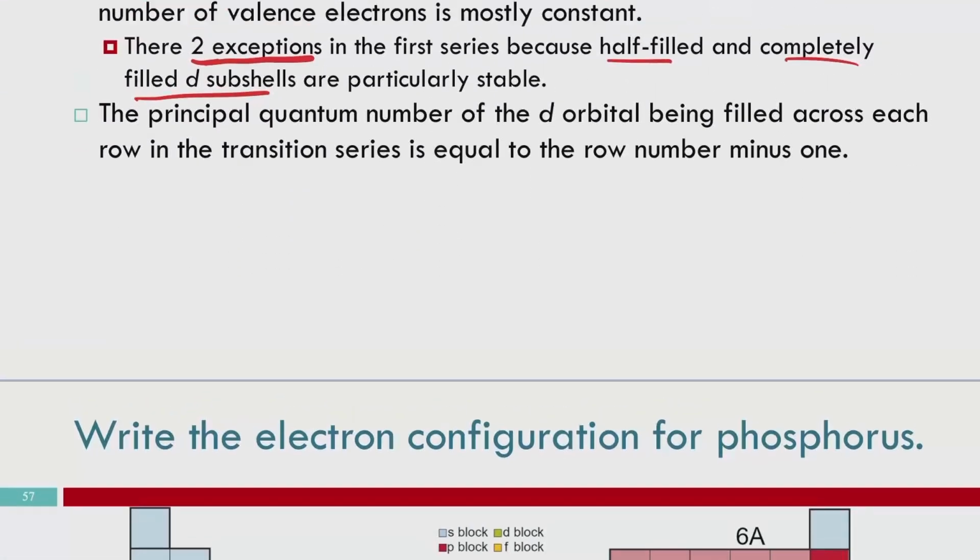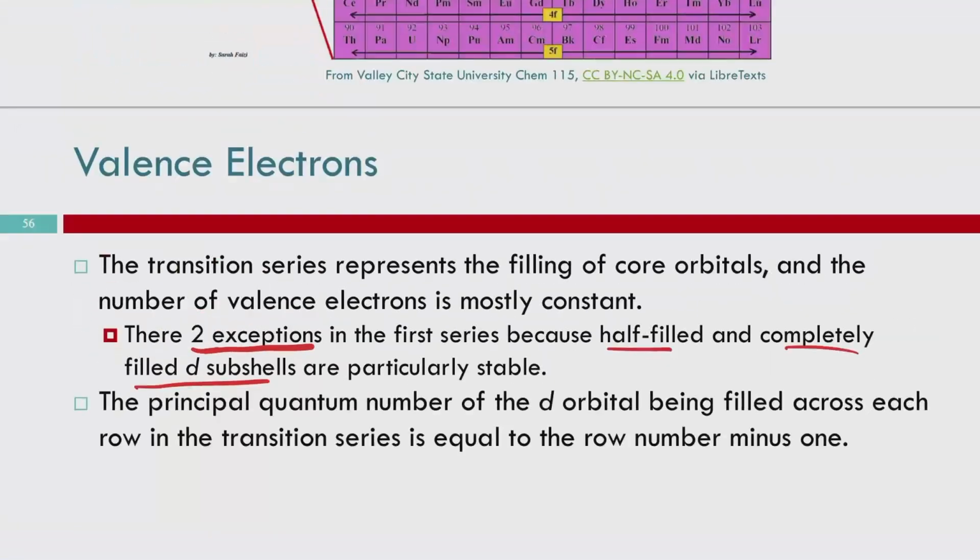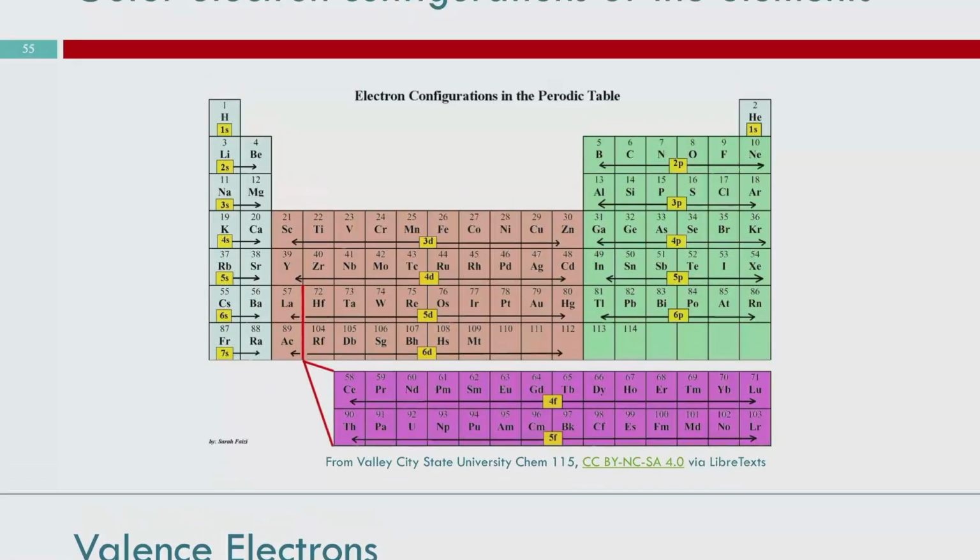And when we're in those first 2 rows, when we get to chromium and copper, we've got some weird exceptions. Usually they don't show up on exams, but I think they're interesting, so I'm going to talk about them a little bit. So we would expect, since we're in row 4, we're past 4s, so 4s2, and then our d block would be 3d4.